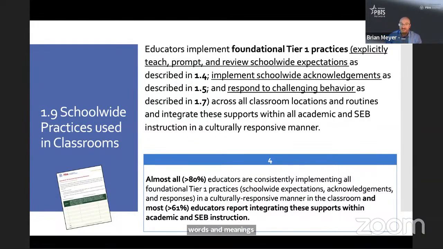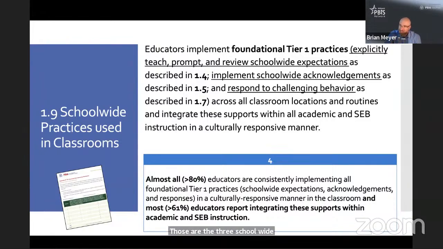And we refer to 3 foundational Tier 1 practices school-wide. Explicitly teach, prompt, and review expectations. Acknowledge and give feedback to students. Have a system for responding to challenging behavior. Those are the 3 school-wide practices we need everybody on the same page with.